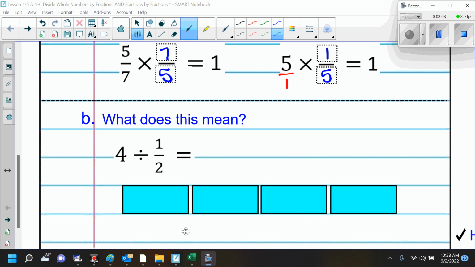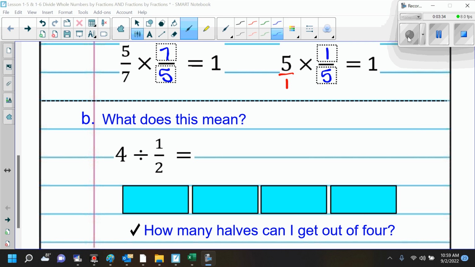So on example B, we have 4 divided by 1/2. So now we're getting into the division, okay? If we are dividing by a fraction, 4 divided by 1/2 means how many 1/2 pieces can I get out of 4 whole pieces? Does everybody understand that?